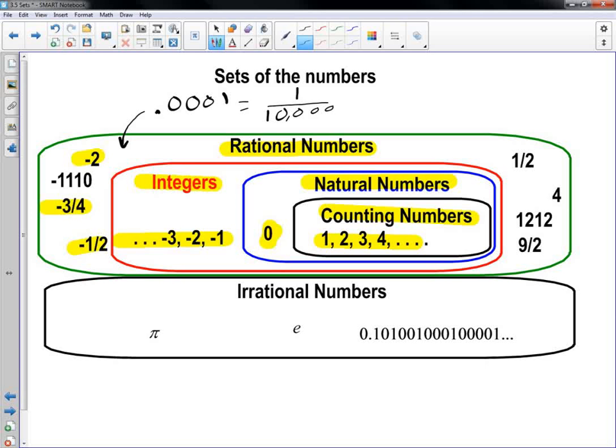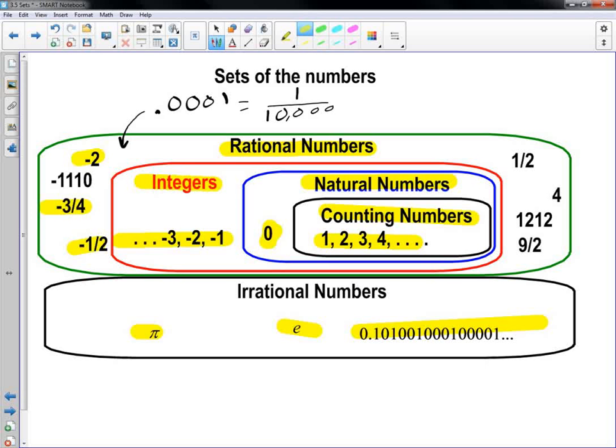If we have rational numbers, we're going to have irrational numbers. Irrational numbers are numbers like pi, there's e, and then here's an example of one that doesn't have a name. Irrational numbers are numbers that when you write in decimal form, they never end and they never repeat. So there's no fraction made from whole numbers for these numbers.